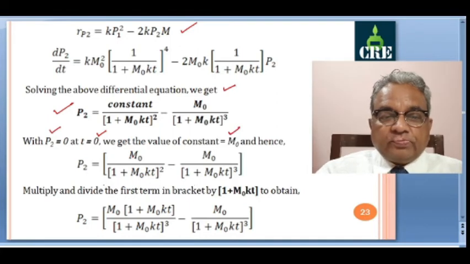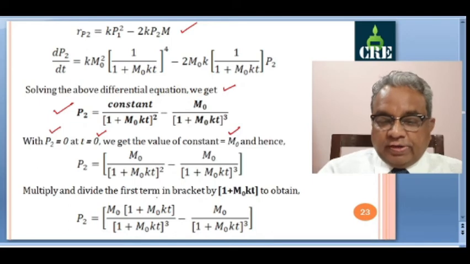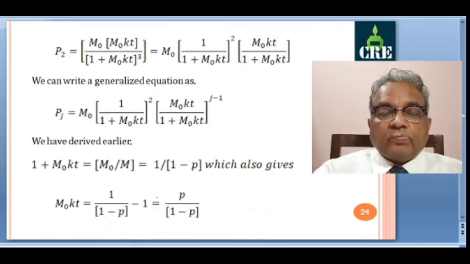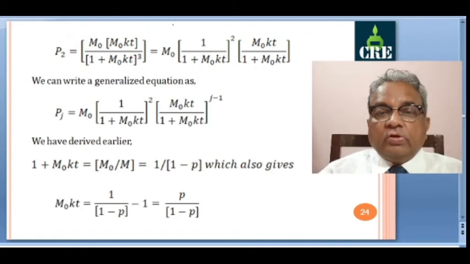So I substitute the value of the constant here, M0. Now this first term I will multiply and divide by 1 plus M0 KT to make the denominator the same. So the denominators are now 1 plus M0 KT whole cube, and in the numerator I have this term M0 multiplied by this term. So M0 minus M0 will cancel out and we get M0 into M0 KT in the numerator.